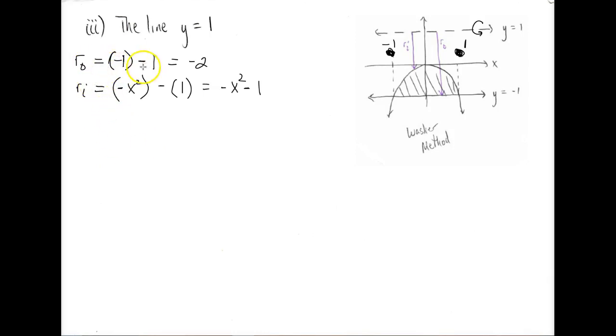All right, so now we have the outer radius and the inner radius. So the outer radius squared, of course, is just 4. And the inner radius squared, it's just this squared, which I will factor out the negative here.